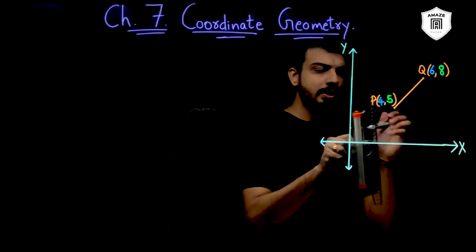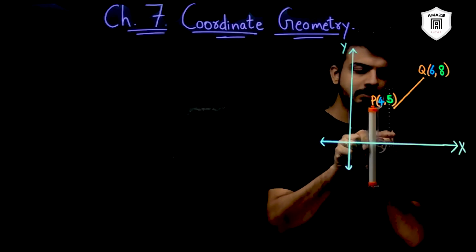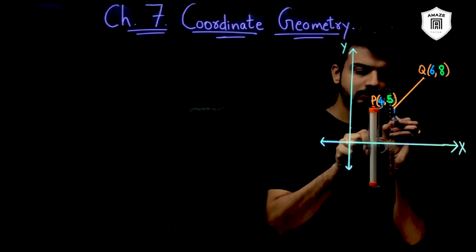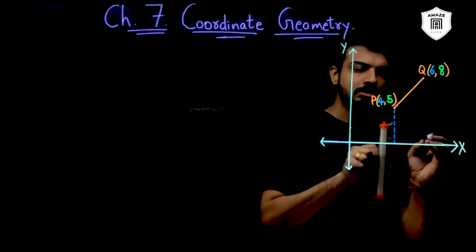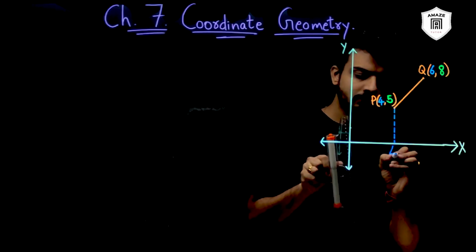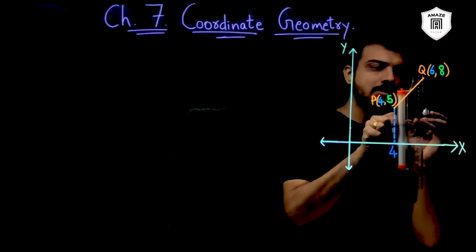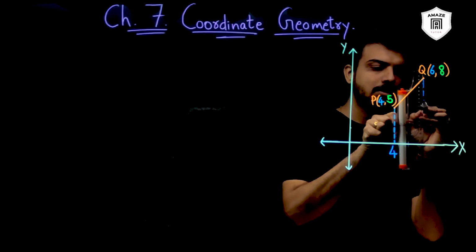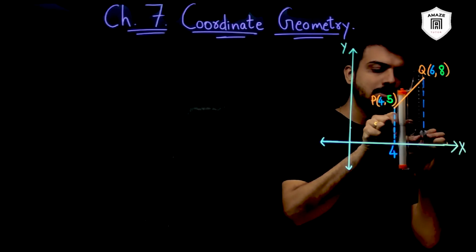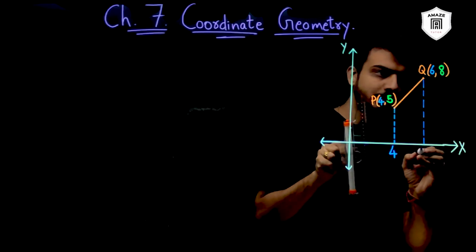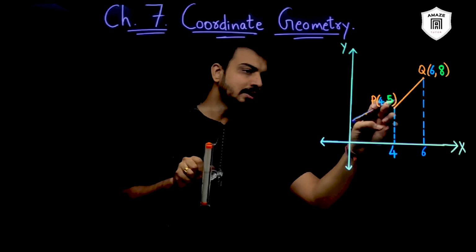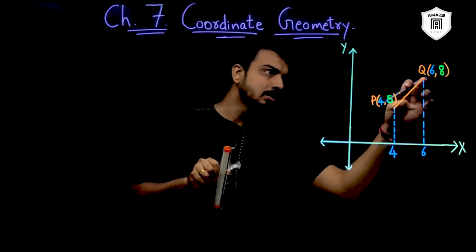So first of all we have here, let me draw a line. Okay. This one is going to be 4 and this one is going to be 6, right? 4 and this should be 5 and this is 6, this should be 8.